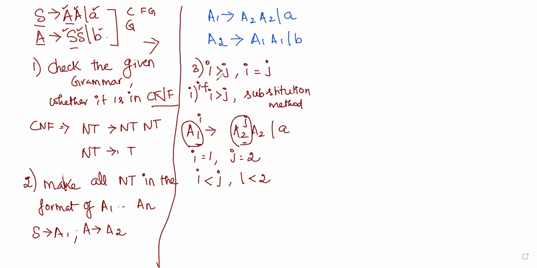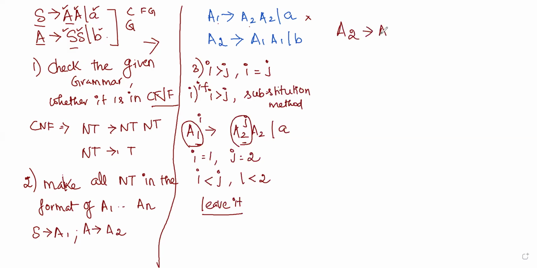If I is lesser than J, then leave it. You don't have to do anything. Just check whether I is greater than J or not. If it is greater, then use the substitution method. So for the first production we are not doing anything because I is lesser than J.